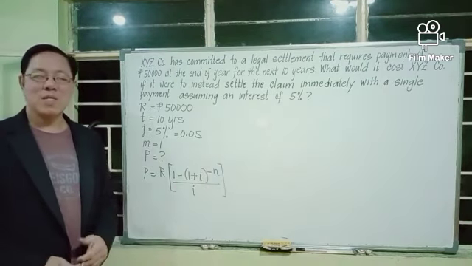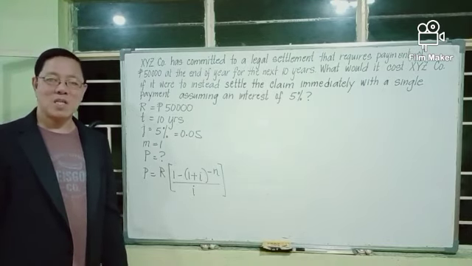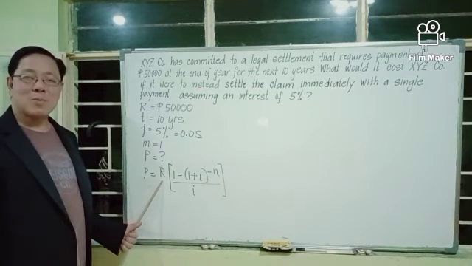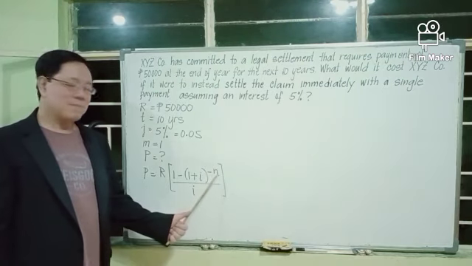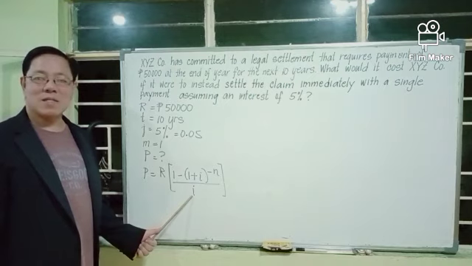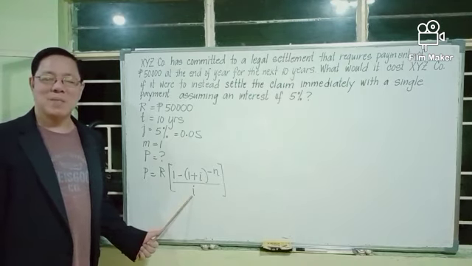For ordinary annuity, the present value of regular payments made at the end of each period is denoted by P and is given by R times quantity 1 minus quantity 1 plus i to the minus n, divided all over i, where small i is the interest rate per period, by formula i is equal to j divided by m.